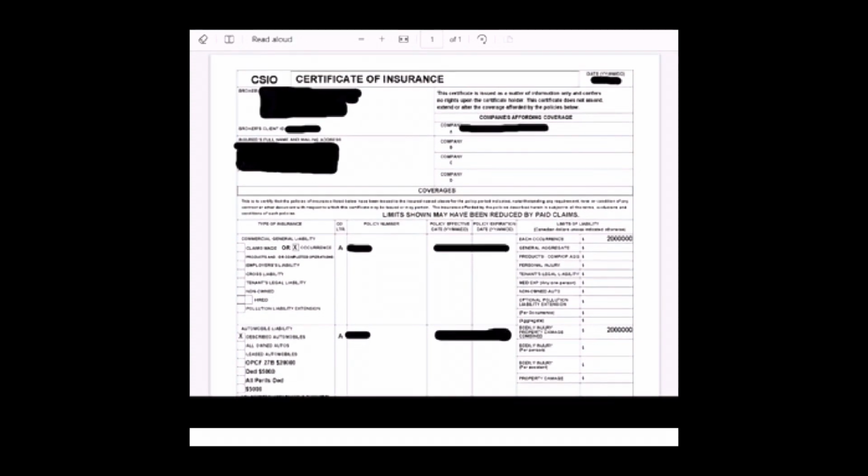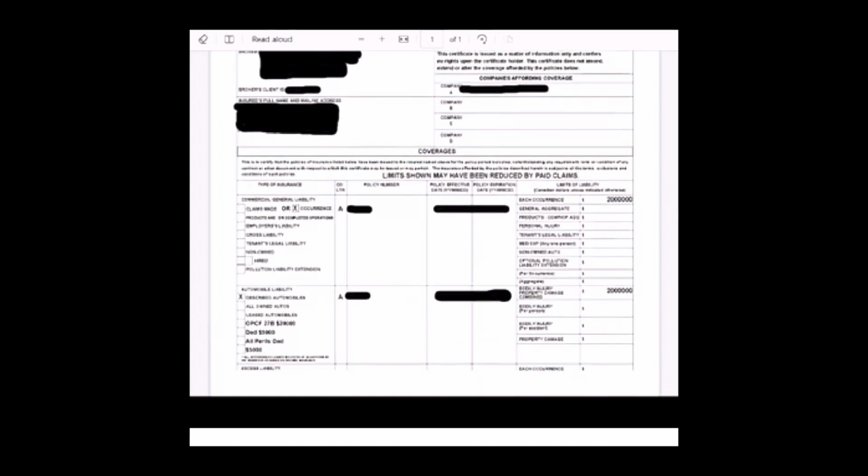Next, we have the COI, which is also known as the Certificate of Insurance. Now, this is going to give you the information about your operator's insurance. It would have his or her business name and information here. Policy number, effective date, expiration date, how much of a policy they have.